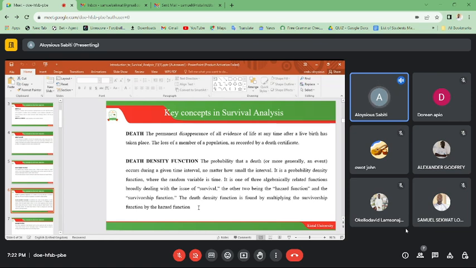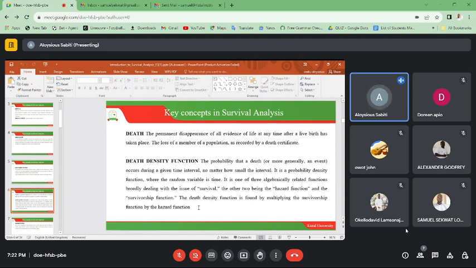Another key concept is death. When we're talking about death, we are referring to the permanent disappearance of all evidence of life at any time after a live birth has taken place. So it is the loss of a member of the population as recorded by the death certificate. There is no evidence that this person is alive at all, and most legal documents would want to see a death certificate confirming that.